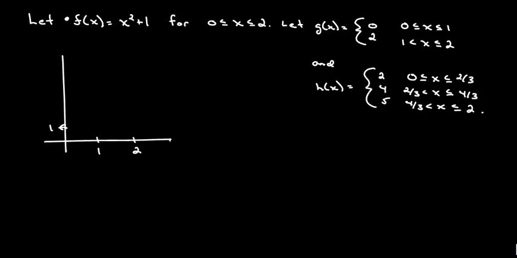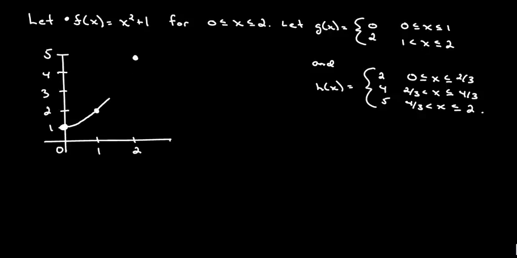So this is a height of 1. We know we start out there because if we plug in 0 into this function, we get out 1. If we plug in 1 into this function, I get out 2. So here's 2, 3, 4, 5. So at 1, I'm at a height of 2, and at 2, I'm up here at a height of 5.